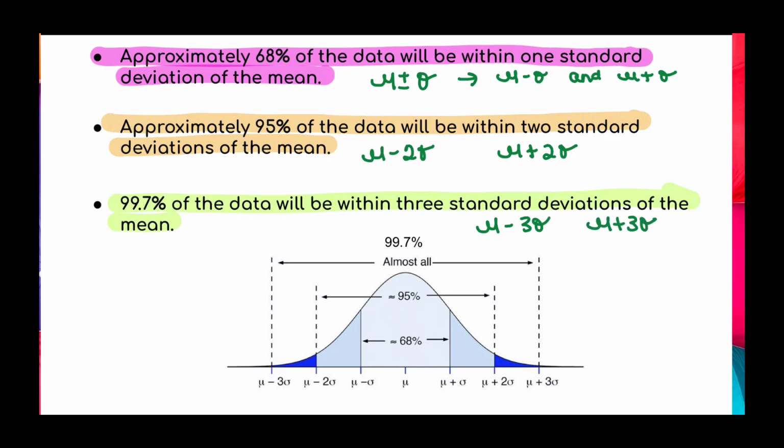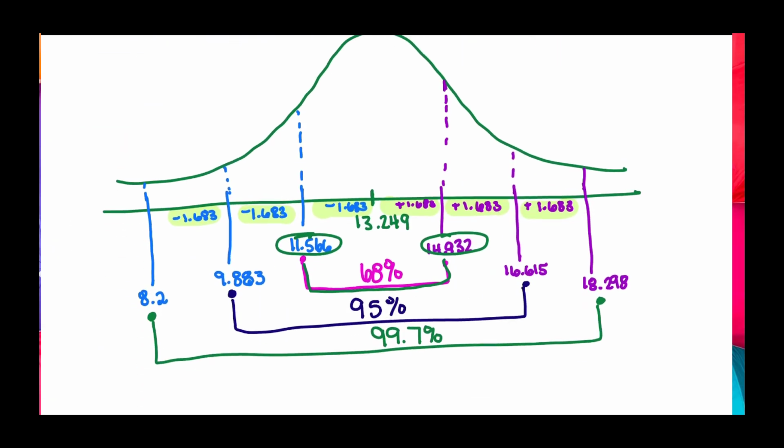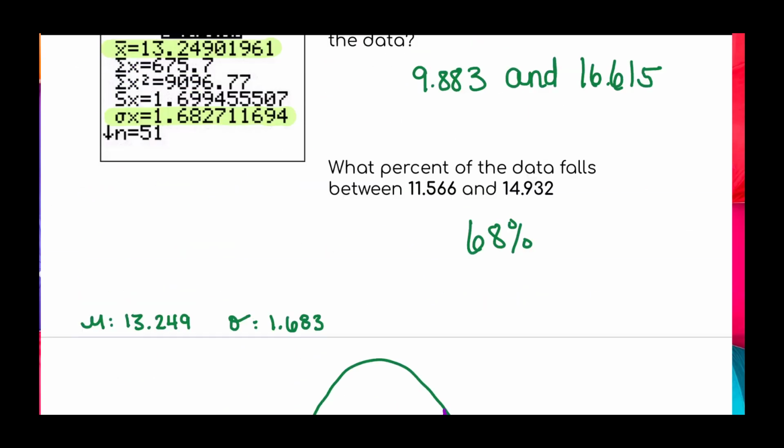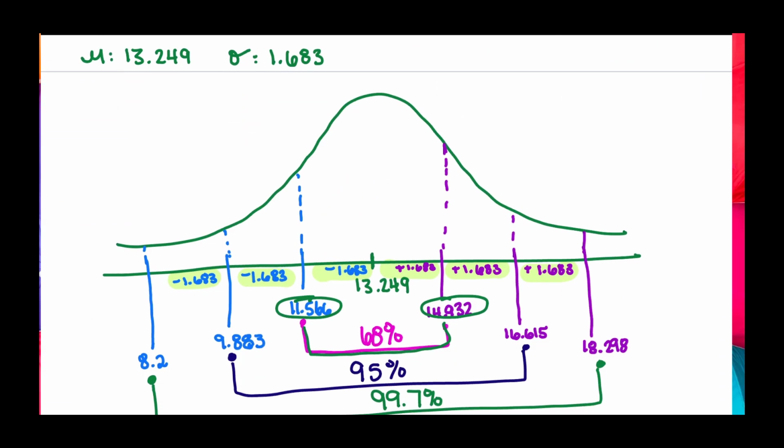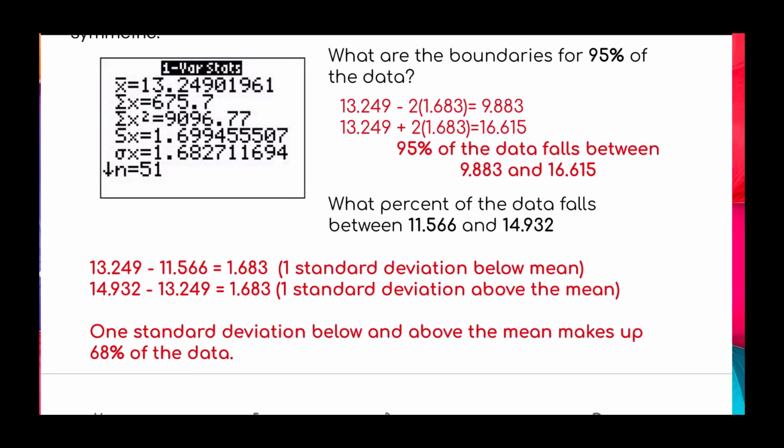Now, that's what you're actually doing when you're creating the little visual here that we did there. But that is a quick way to do it. And that's what I've got here. For 95%, that was 2 standard deviations. So I did the mean minus 2 standard deviations. So if you look, the mean 13.249 minus 2 times the standard deviation 1.683, and we get 9.883.